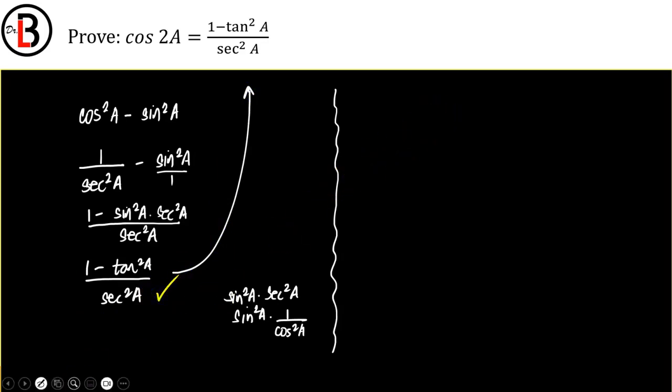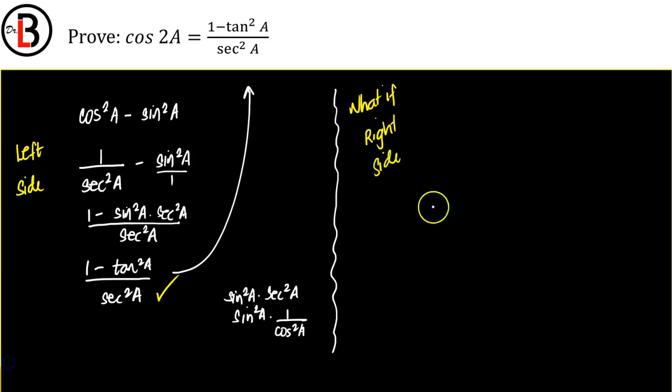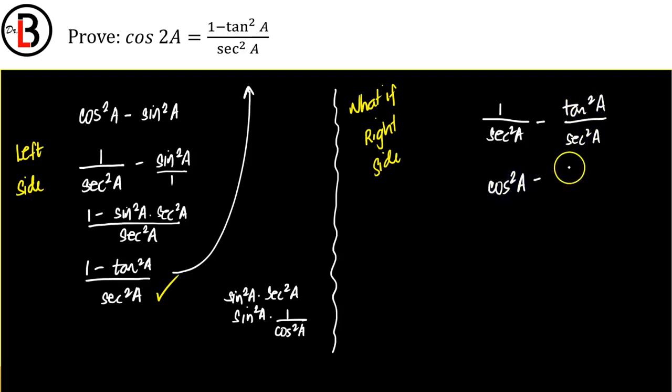Now what if I manipulated the right side? So here you manipulated the left side. Here, what if what you manipulated was the right side? Let's try. I can separate that as 1 over secant squared a minus tangent squared a over secant squared a. 1 over secant, that's cosine squared a, minus tangent, I can say that this is sine squared a all over cosine squared a times secant squared a.